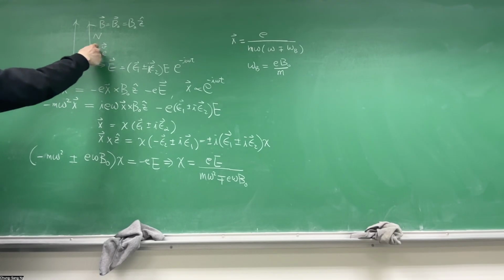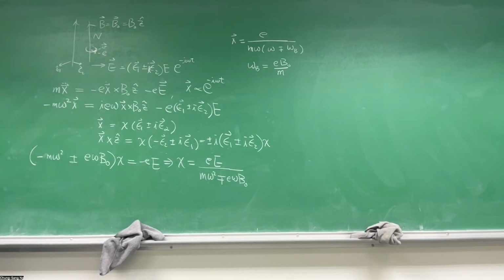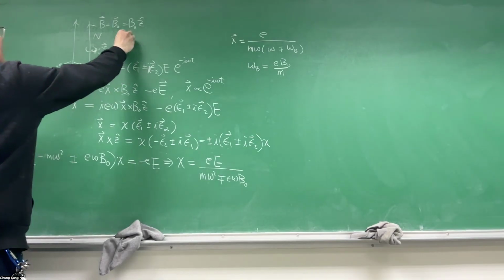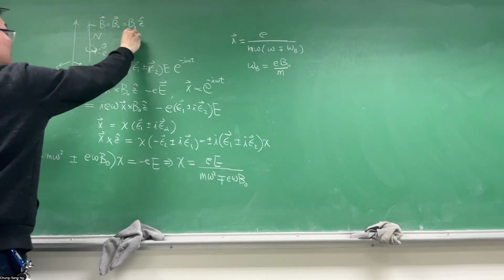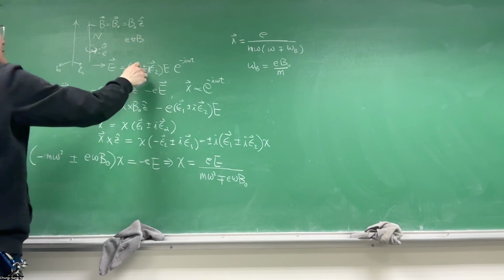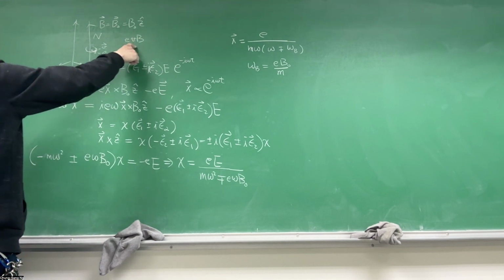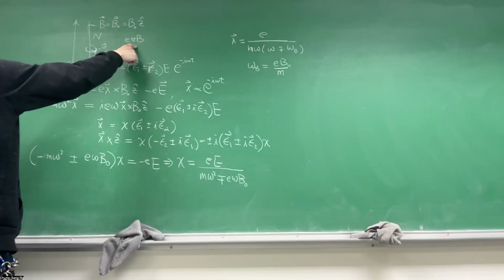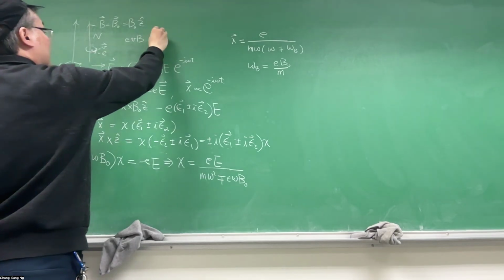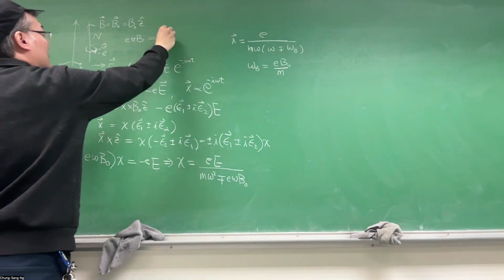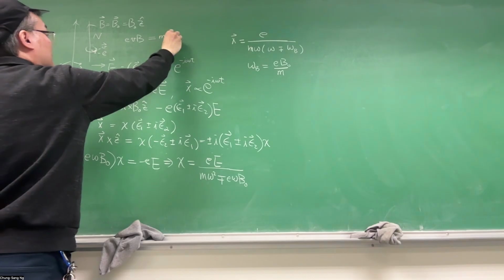So the magnetic force will be pointing inwards, which is what is needed for circular motion, the centripetal force. The magnitude is e v B, provided by the magnetic force, and that is balanced by the centripetal force, m v squared over r.